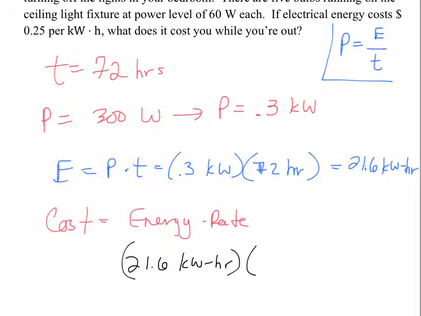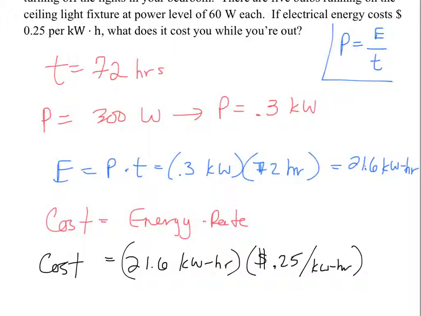The rate is only 25 cents per kilowatt hour. If you forget to write it as 0.25, and maybe you write it as 25, then the number you're going to get is going to be a very large number. But it's actually 0.25, because we're looking at dollars. So, what do you get as an answer?